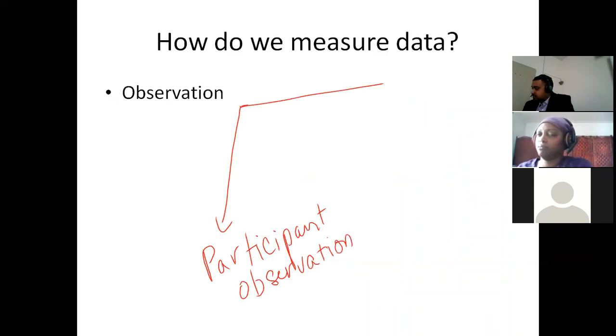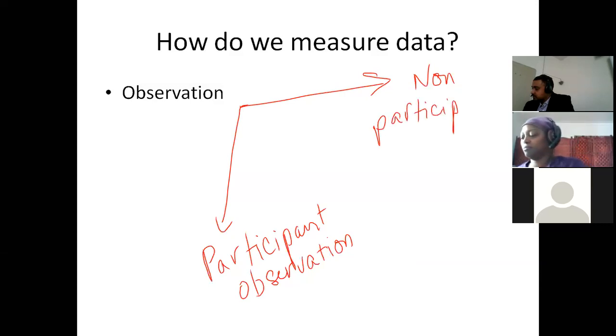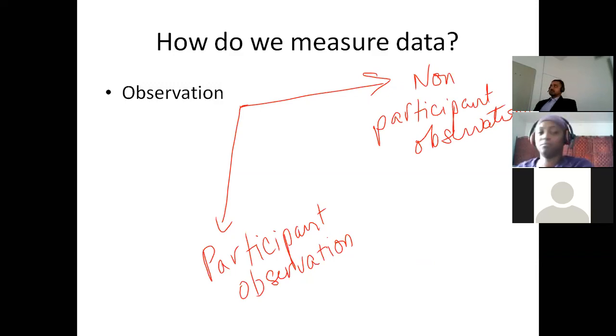Another kind is called non-participant observation. The way participant observation works is that you are an observer, but you're participating in the observation that you're also making. So there's a benefit to participant observation.